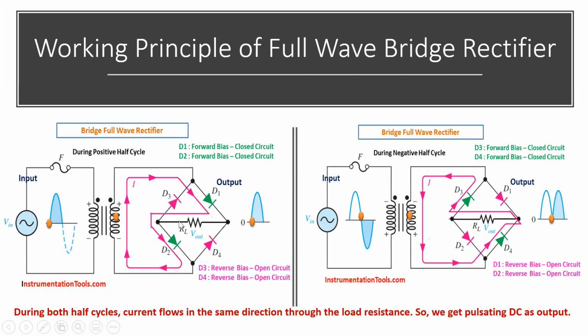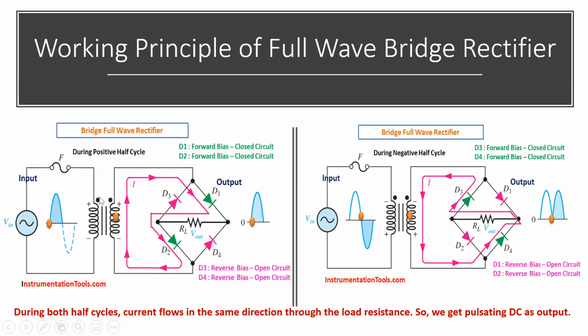So it will go through the load resistance and reach this junction. Now, it has only one path, right? It will go through D2, and D2 is in the direction of the arrow mark, in the direction of the current flow. So it goes through D2 and reaches here and completes the circuit.